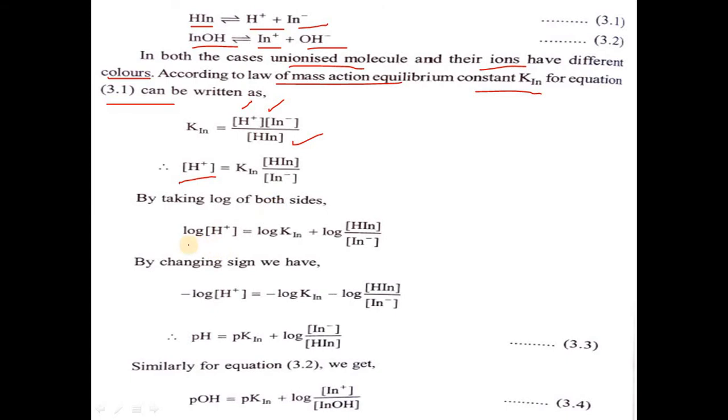By taking the log of both sides, log H plus equals log K_In plus log HIn divided by In minus. By changing sign on both sides, minus log H plus means pH, minus log K_In means pK_In, and with the plus sign the numerator and denominator are reversed, so pH equals pK_In plus log In minus divided by HIn. Similarly, we can write pOH equals pK_In plus log In plus divided by InOH.